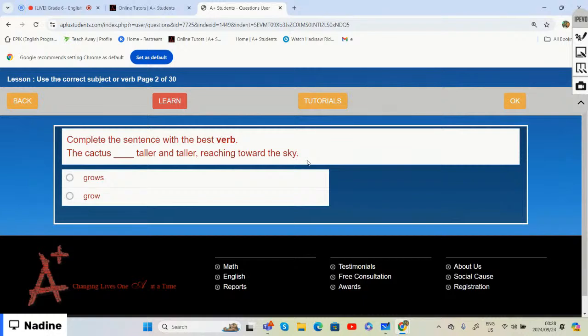So option one, grows, or option two, grow? Which one is correct?